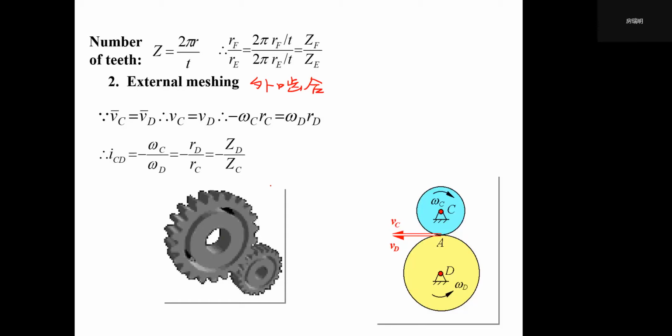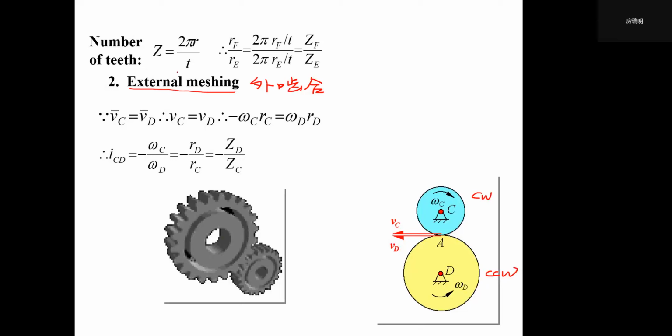So this is another figure to denote what external meshing is. You can find this smaller one has omega along CW direction, and this yellow one along CCW direction, right? This means omega D has the opposite direction to omega C. That's the main characteristic of external meshing.